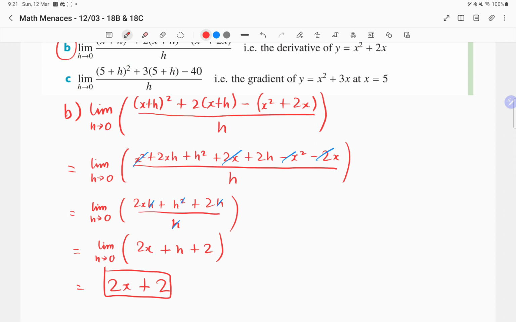This one would be 2xh plus h squared plus 2h. Right? So don't do the cancellation of the h first. The next step should just cancel out all the other ones and subtract each other out, and then do the h cancellation on the step after. Okay, if you fix that up, move on to C.